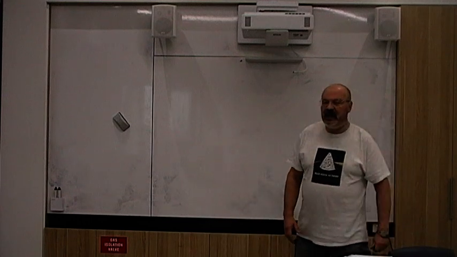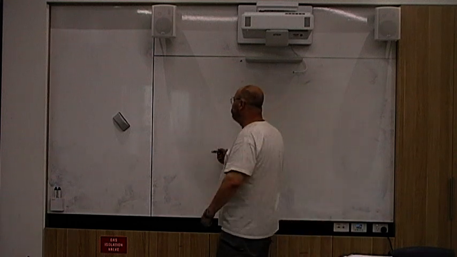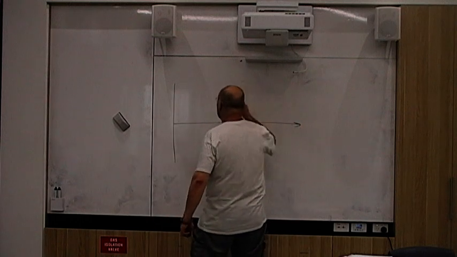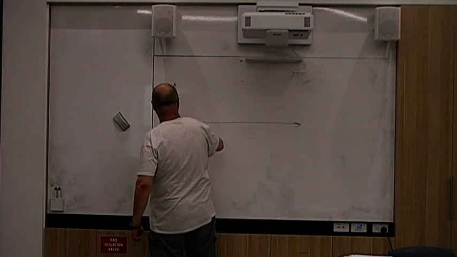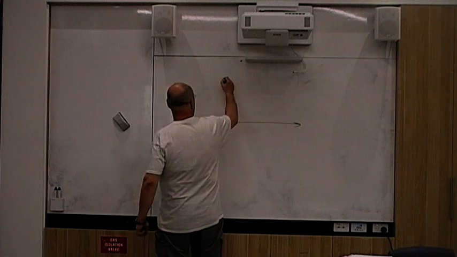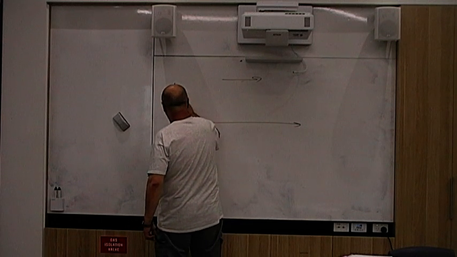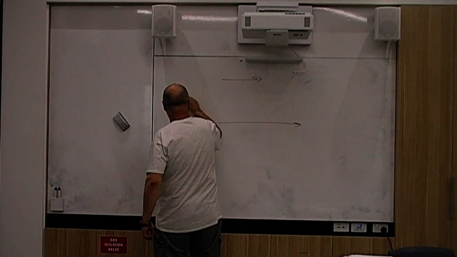But going back to mechanical waves, first, if we have a wave traveling to the right, and at a certain instance of time, we see the wave looks like this.